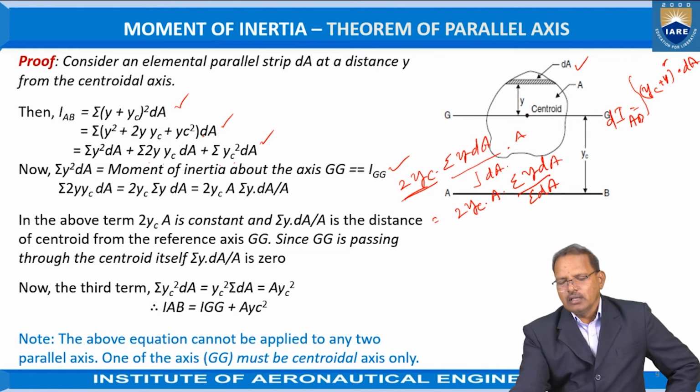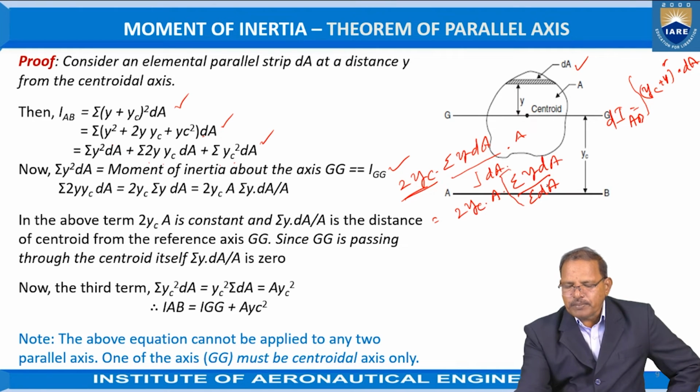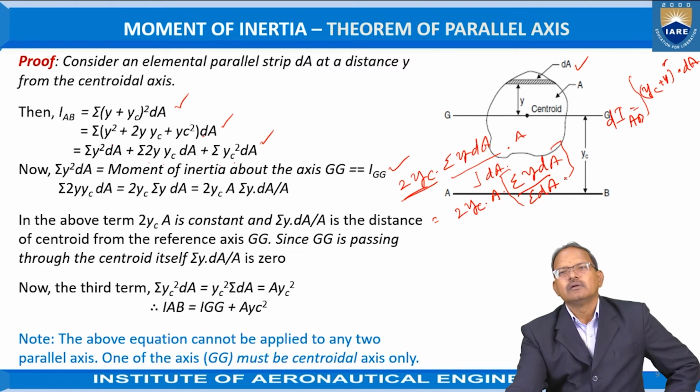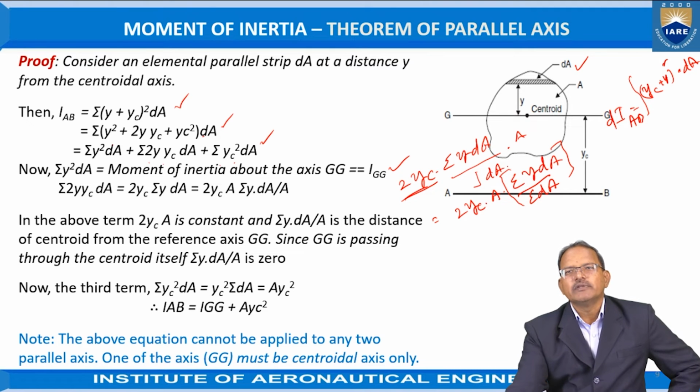This represents the position of the center of gravity of the strip with respect to the GG line. But according to our consideration, the GG line is the central axis, which means it passes through the centroid of the entire area.